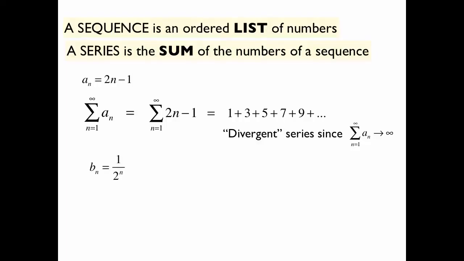Okay, so I want you to do the same for this one. Write out using summation notation, and then write out what it means. Write out the summation notation for the series for the sequence, and then write out what it means.